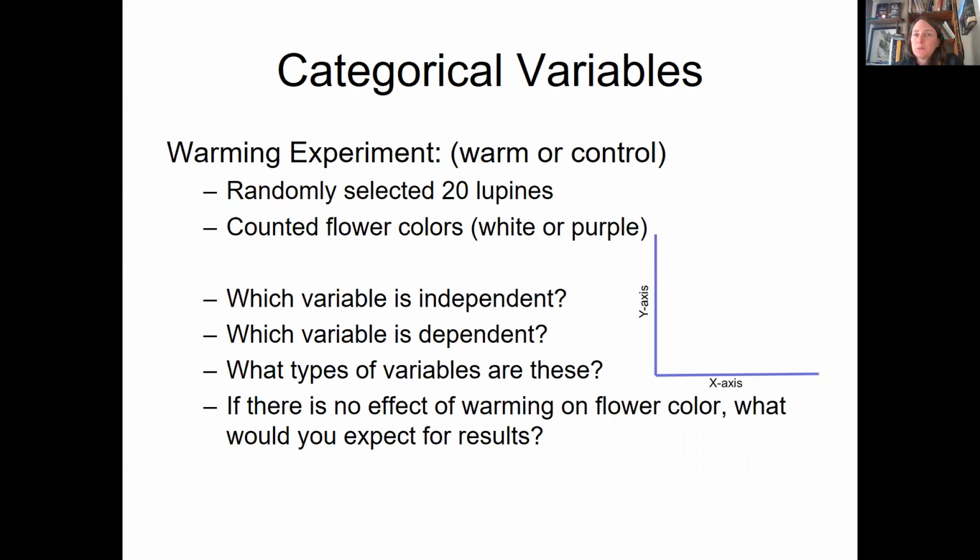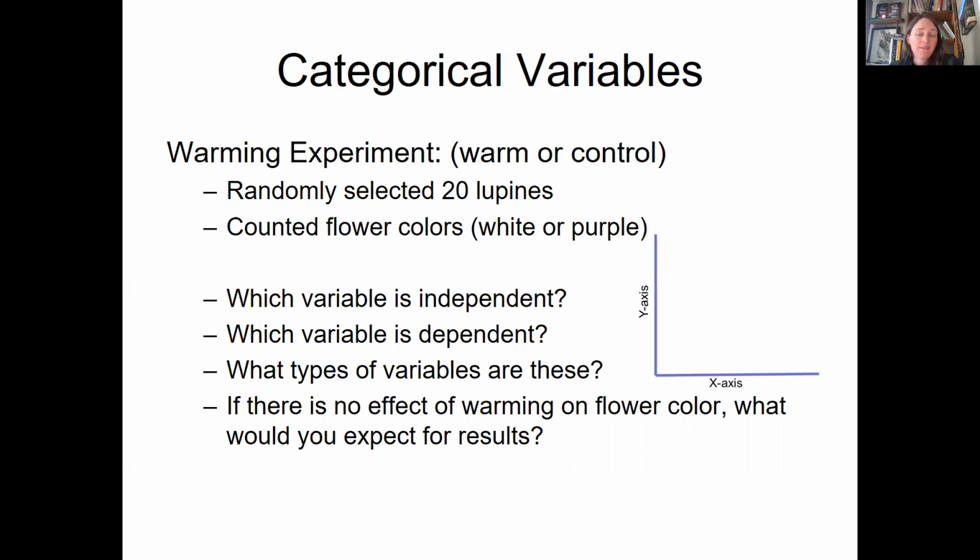And in the warmed plots and the control plots, you count whether they have white flowers or purple flowers. In this case, which variable is independent? Which variable is dependent? What types of variables are these? And if there was no effect of warming on flower color, what would you expect for the results? Now, I'd like you to pause the video and try to answer these questions. And I'll give you the answers next.